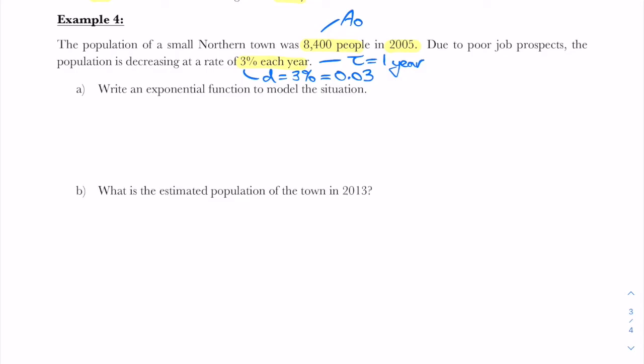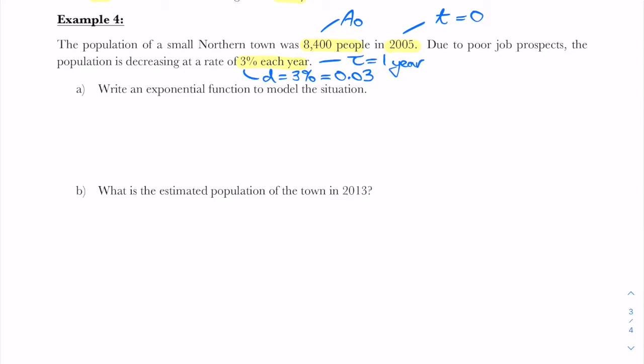One more thing I want to mention, this was the population in the year 2005. So 2005 is like t equals 0. What I mean is pretend this is the year that you start your stopwatch, and we're going to be measuring time relative to the year 2005.